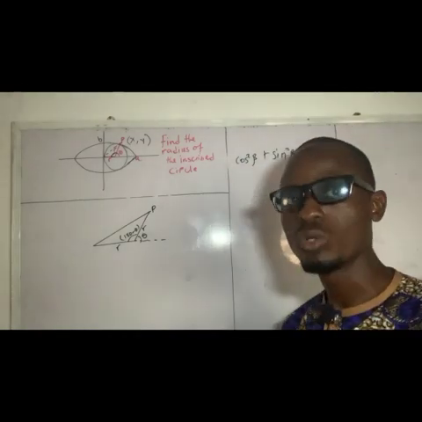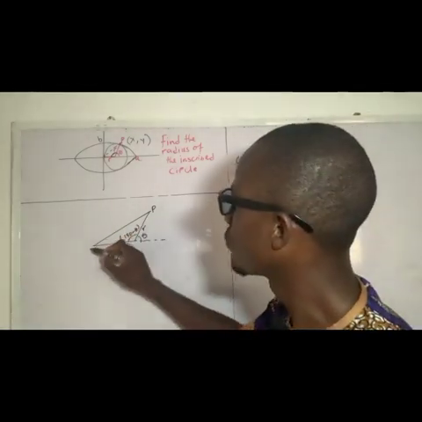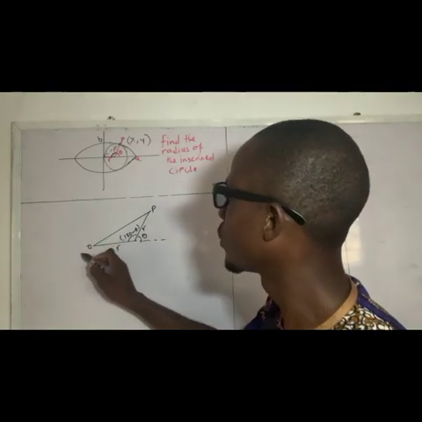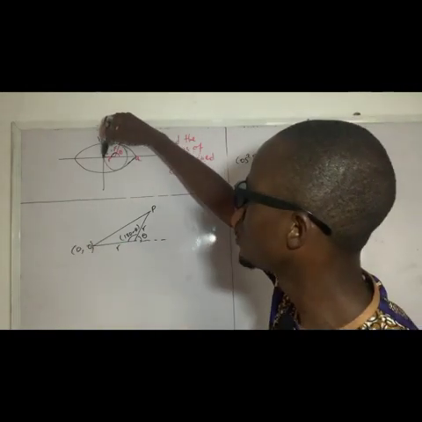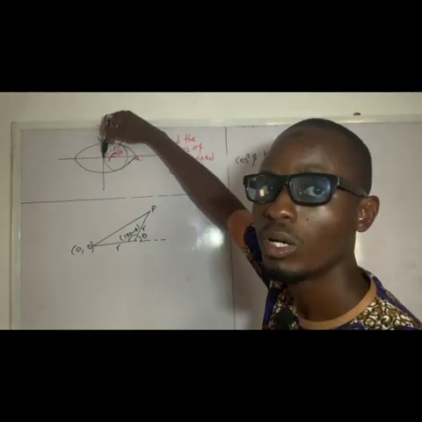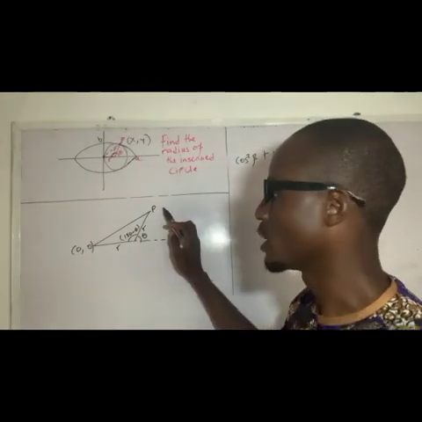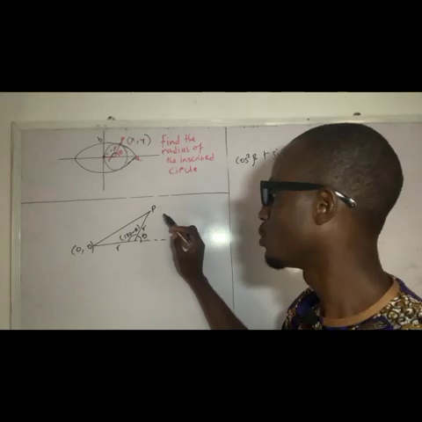Using the cosine rule, if I want to find the length from O, don't forget the origin is O. From here, this is the origin, so it's O, now to P, that is distance OP. How do we find it?